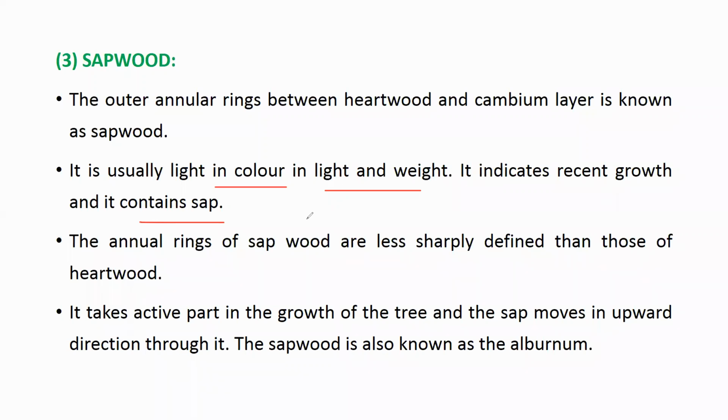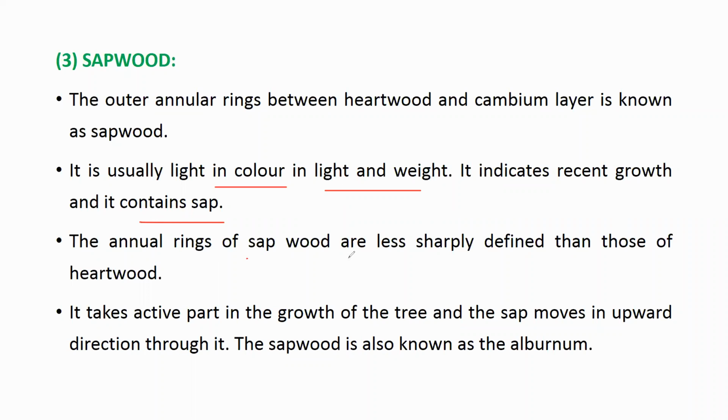This pith and heartwood were active when the plant was young. As the tree grows old, the center portion starts to die, becomes hard and dark in color. Whereas sapwood is light in color and light in weight, and is responsible for the transfer of ingredients.